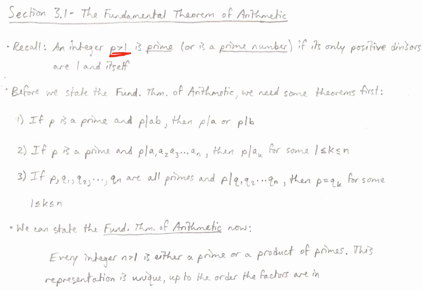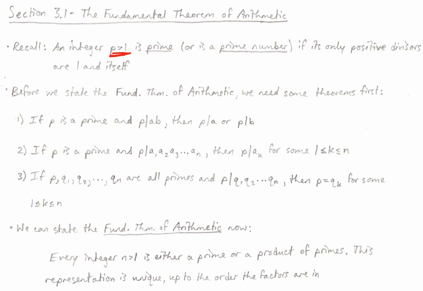If p, q1, q2, q3, all the way up to and including qn are all primes, and p divides the product of the q's, so p divides q1 times q2 times q3 times qn, then p has to be equal to one of those q's. P has to be one of those primes there.